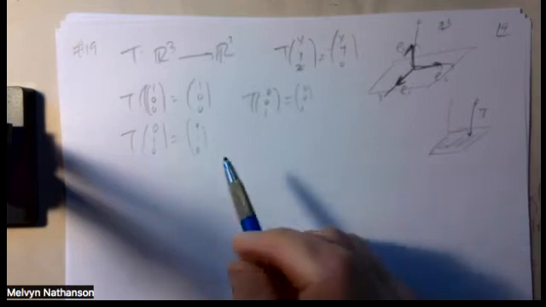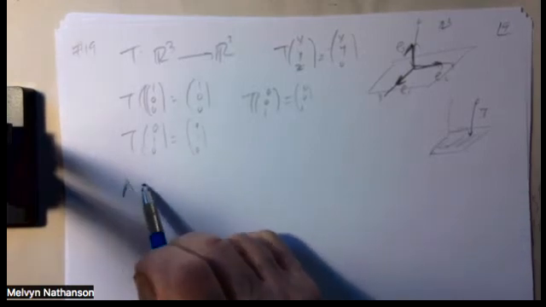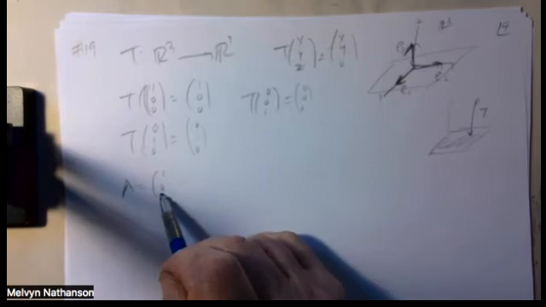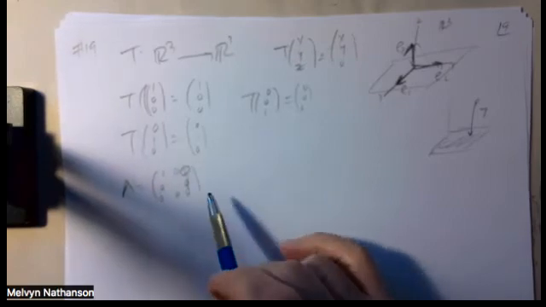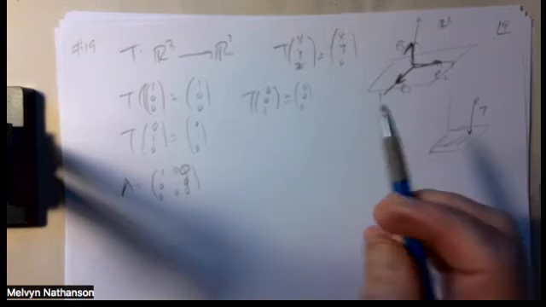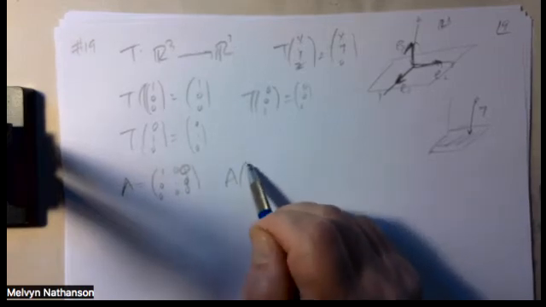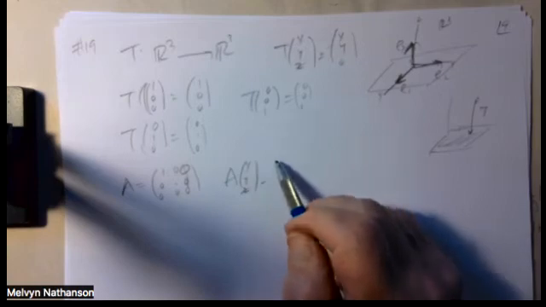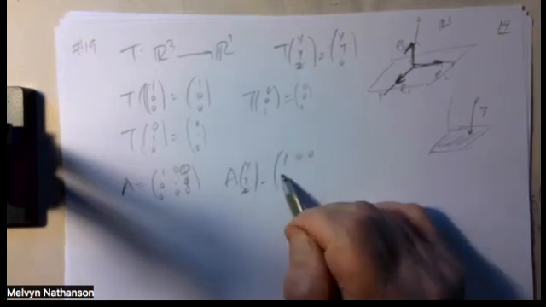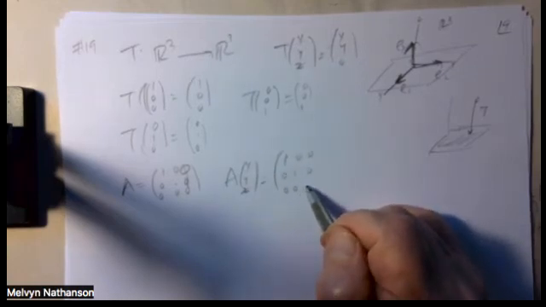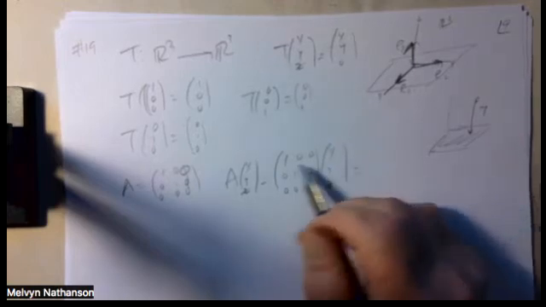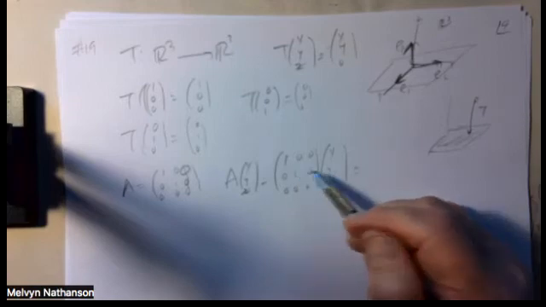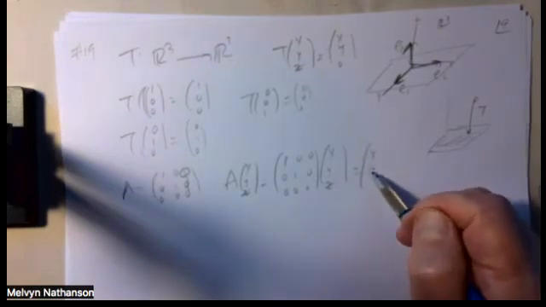If we wanted to write this as a matrix, we could take the matrix 1, 0, 0, 0, 1, 0, and 0, 0, 0. Because A applied to the vector X, Y, Z, it's 1, 0, 0, 0, 1, 0, 0, 0, 0, applied to X, Y, Z. When you multiply this matrix times this vector, you get X, Y, 0.